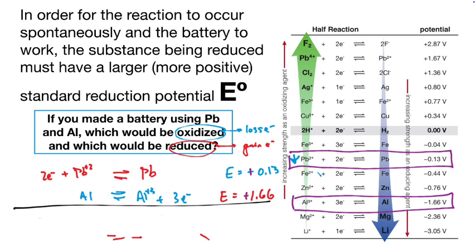Because I flipped it again, I can make that a negative, or simplify, just drop that down as a negative. And now what happens? I get a cell potential that is positive 1.53.